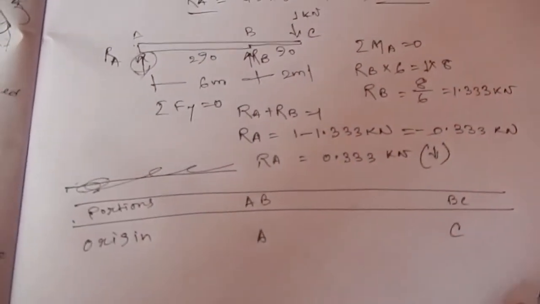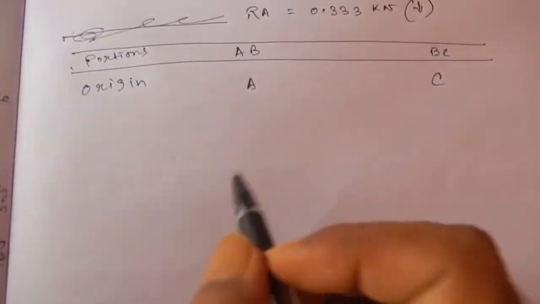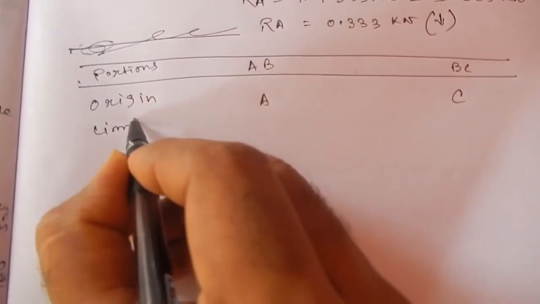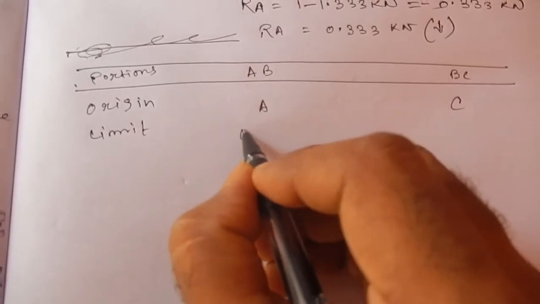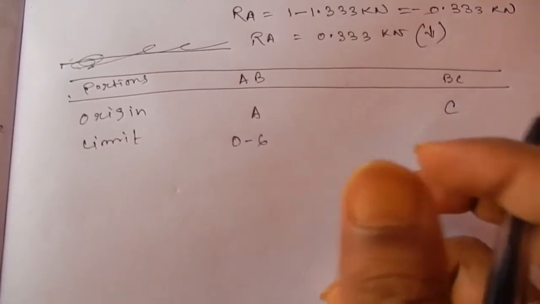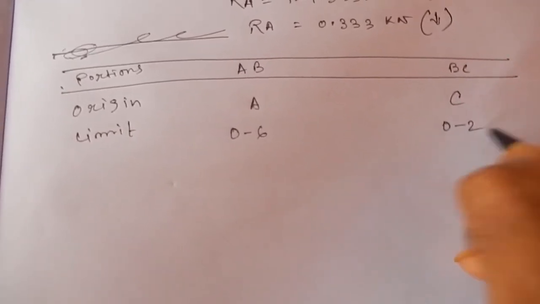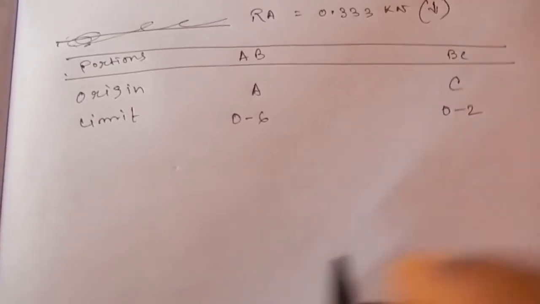Otherwise you have to go through all the things. That is why I am taking this as origin. So the limit for AB will be 0 to 6, because the length of the AB portion is 6. The limit for this part will be 0 to 2, because the length is 2.